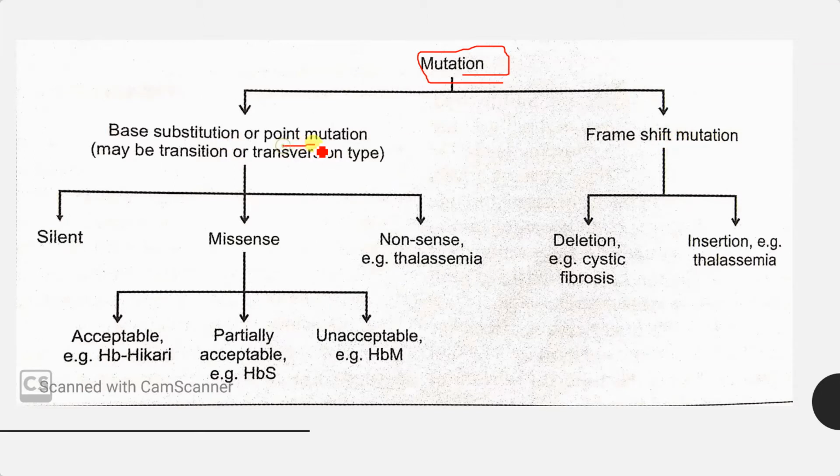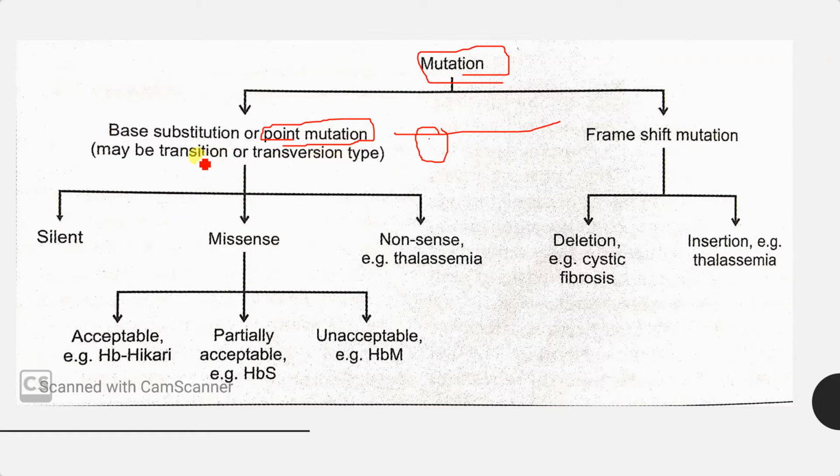In point mutation, you will have a single alteration in the nitrogenous base of the DNA, which is further divided into transition and transversion. Please do remember, in point mutation a single base is altered.